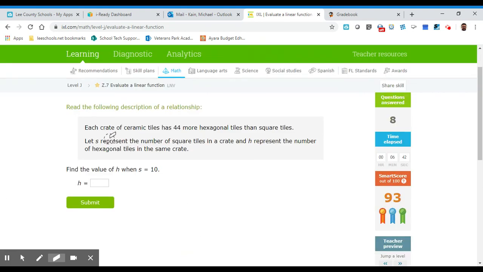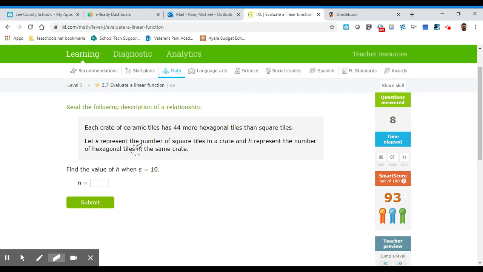Okay, each crate of ceramic tiles has 44 more hexagonal tiles than square tiles. Let S represent the number of square tiles in the crate and H represent the number of hexagonal tiles in the same crate. Okay, so we know that there's always 44 more hexagonal tiles than square tiles.